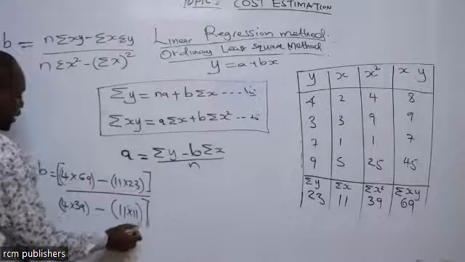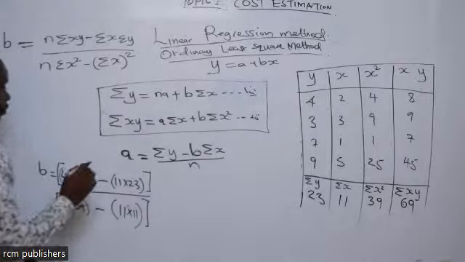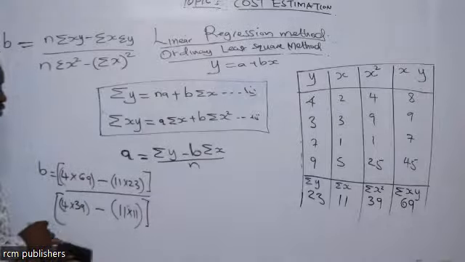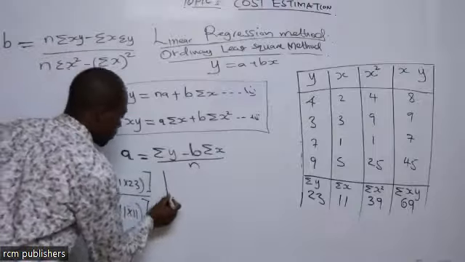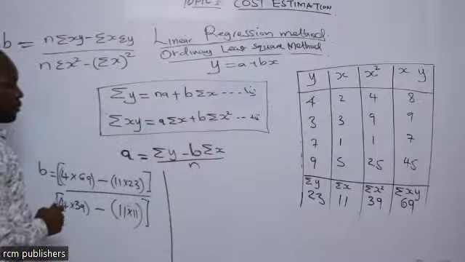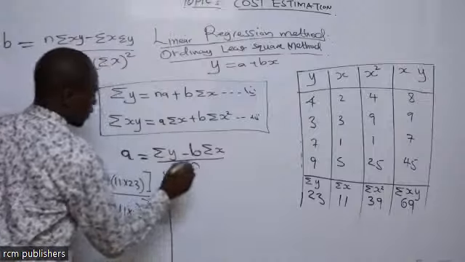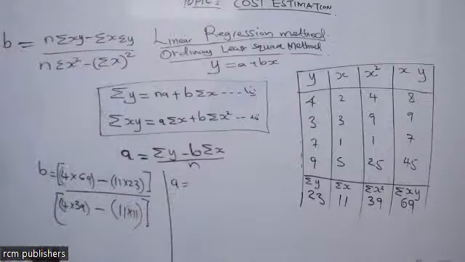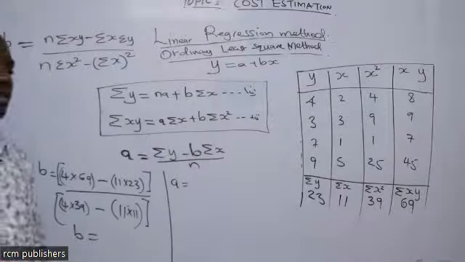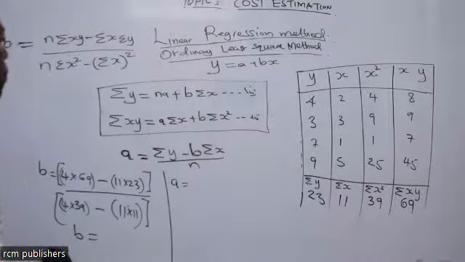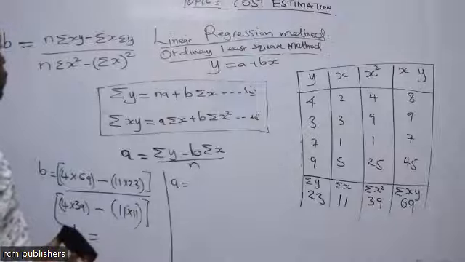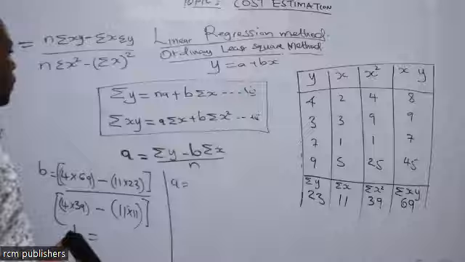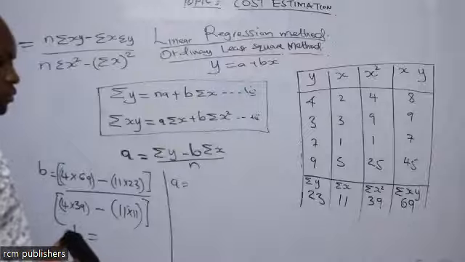So once that is done, we'll be able to extract B, which I expect somebody to just throw it there. The value of B, somebody to throw to us the value of B there. The value of B, somebody.